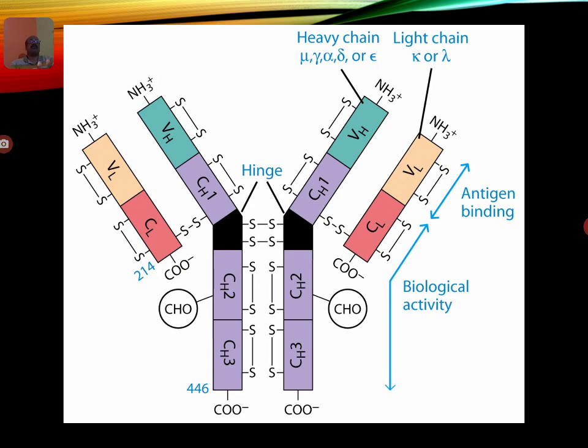This Y shaped structure is made up of different types of amino acid sequences. Based on that, we can see different varieties of regions, that is, variable region and constant region in both light and heavy chain.